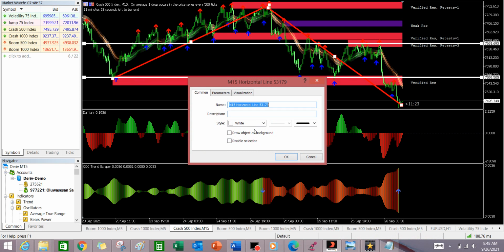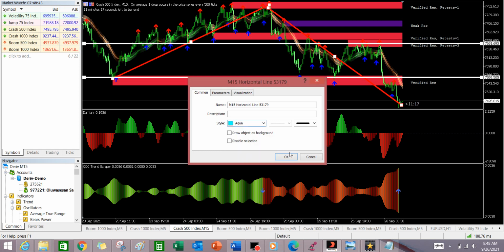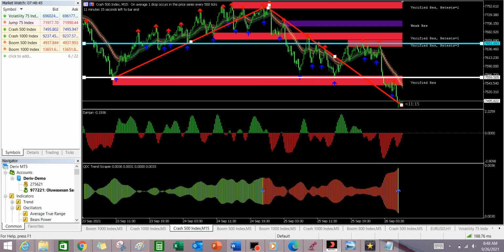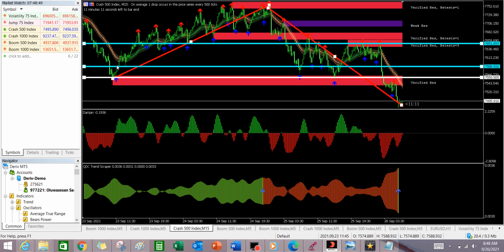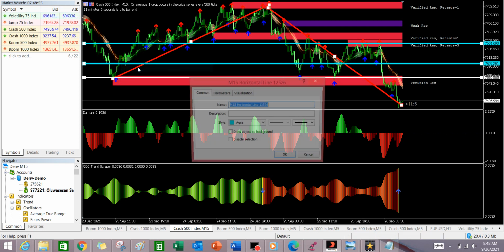Then all you need to do is introduce your stop loss to somewhere here, just below these 4 MA candles.